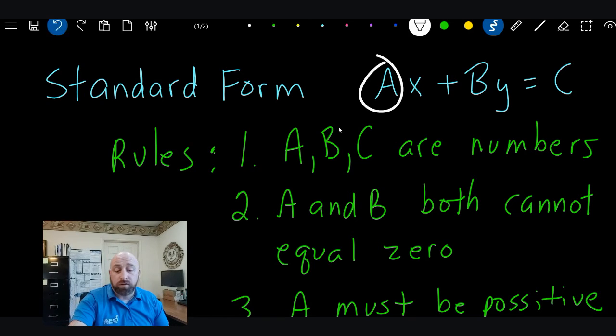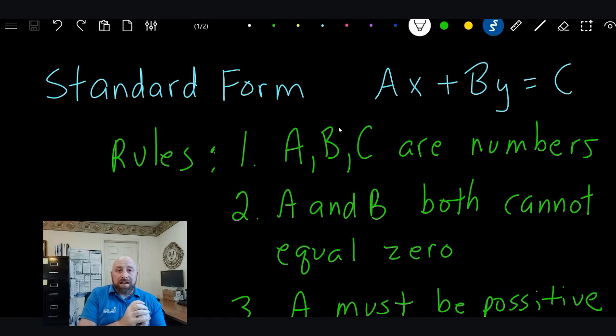Number 2, A and B both cannot equal 0. One of them could equal 0, but they can't both equal 0. Only one of them or none of them. If both A and B equal 0, then it is not a line equation.